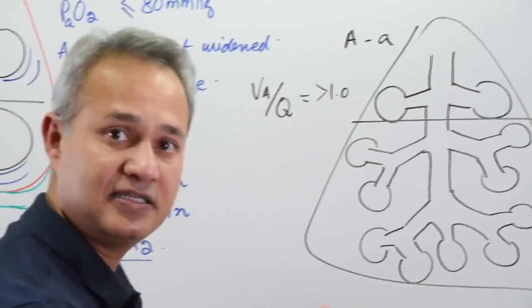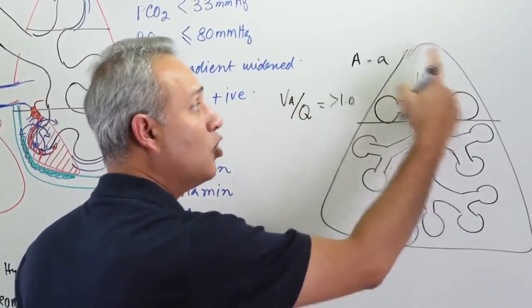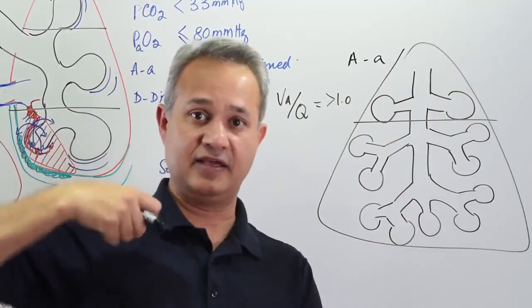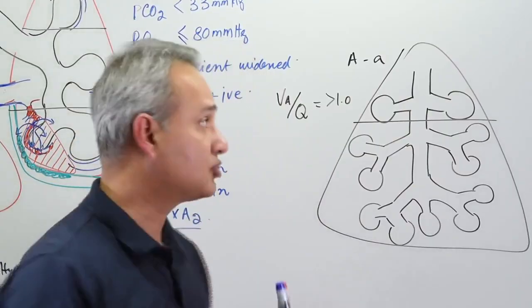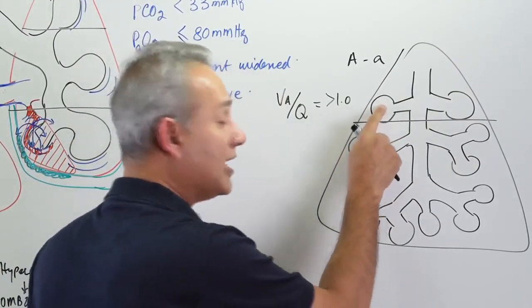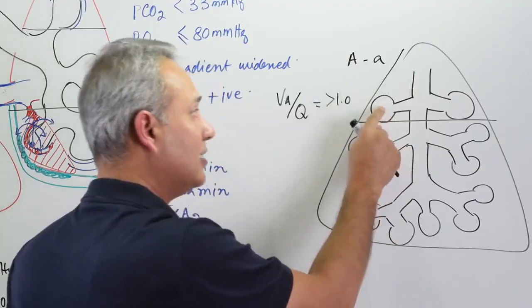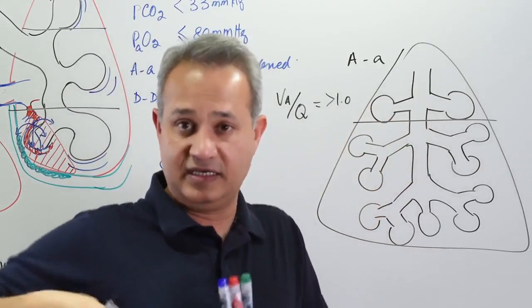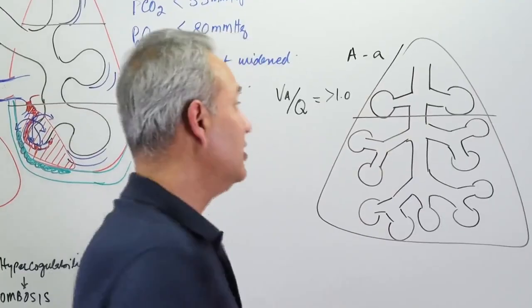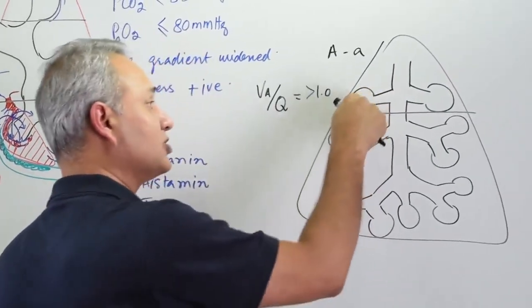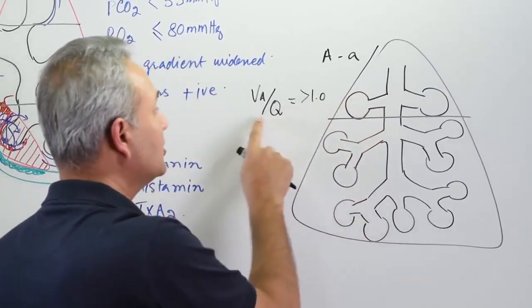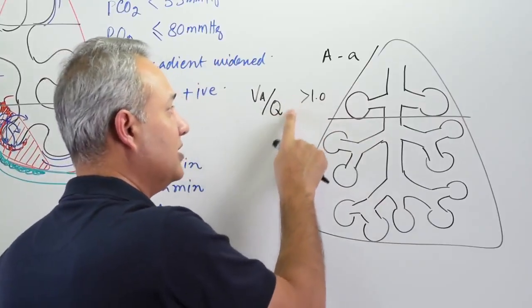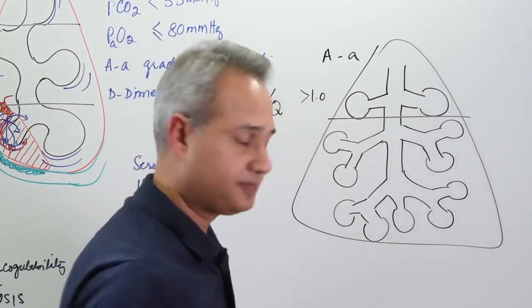What that means is that these areas are more ventilated because the lungs are stretched, hanging from this area, so alveoli are bigger and more air comes in. However, because of gravity, blood is not present there, blood is gravitating to the lower side of the lung. So less blood is present, more oxygen or gases are present, so this has more ventilation and less perfusion. Normally the ratio is greater than 1.0.